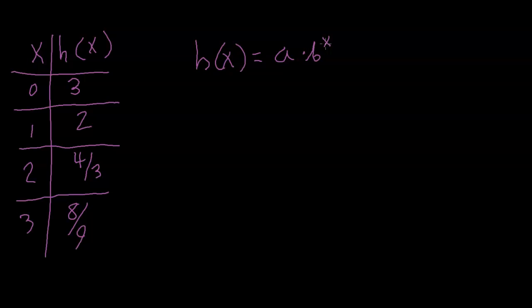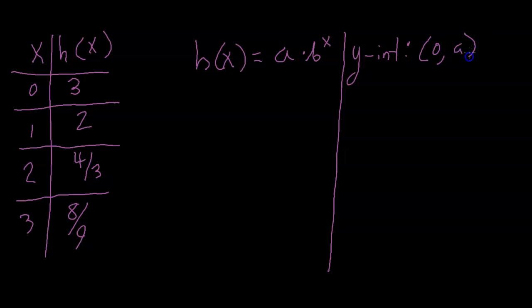We should be able to find a because we know, for one, that the y-intercept always occurs at the point (0, a). And we know that a is the value of the function when x equals 0, or h of 0. h of 0 always equals a, or g of 0 always equals a, or f of 0 always equals a.